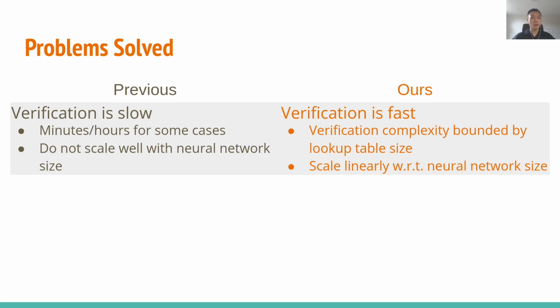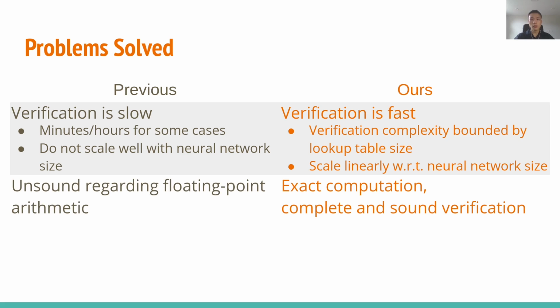So we show that these problems faced by the traditional neural network verifiers have all been solved by input quantization. The verification is fast now because the complexity is bounded by the lookup table size, and the method scales linearly with respect to the neural network size. The verification is also complete and sound.